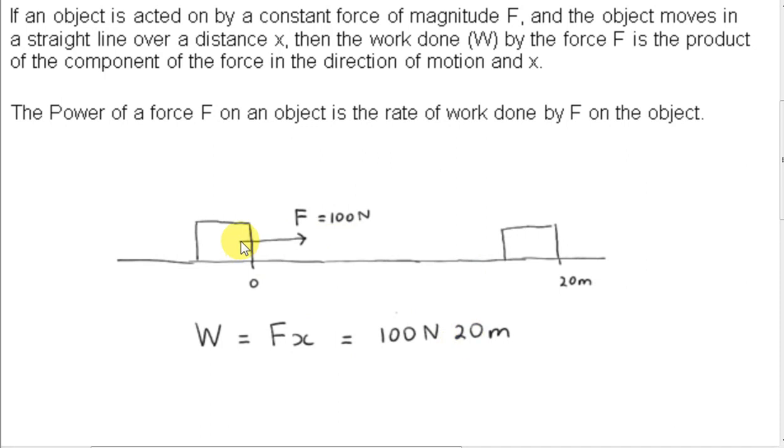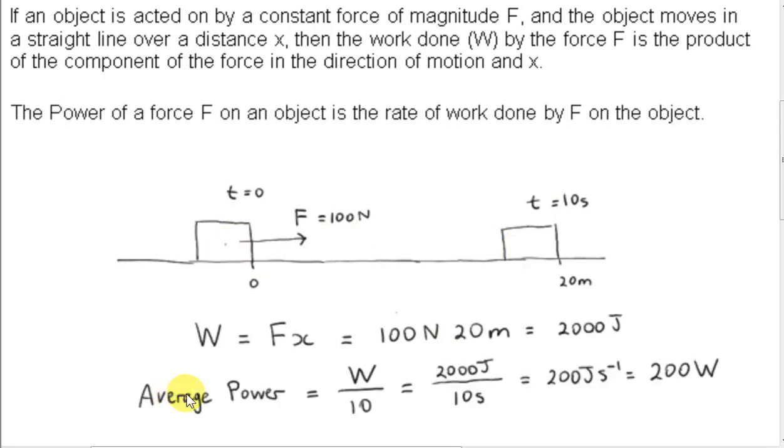Now let's suppose that it took, say, 10 seconds for the object to go from here to here. So at t equals 0 the object is here, and at t equals 10 the object is over here. Constant force of 100 newtons to the right acted on the object. So we can get what's called the average power of this force F on the object.